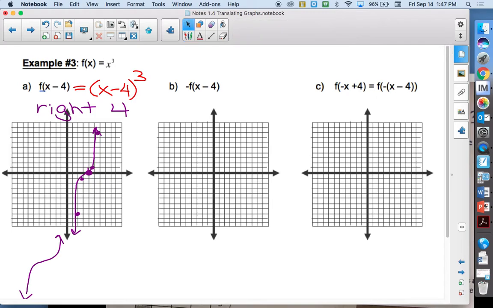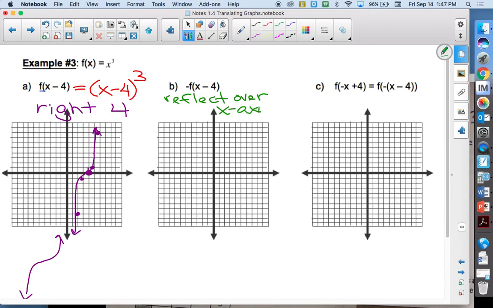So looking at letter B, we have negative and then f of x minus 4. So it's still moving right 4, but Chelsea, what else is going on besides moving right 4? It flips over the x-axis. Yeah. And that happens because of the negative in front. That means your answer, your solution is negative. All the y values are negative. So you're taking the x value and moving it down.